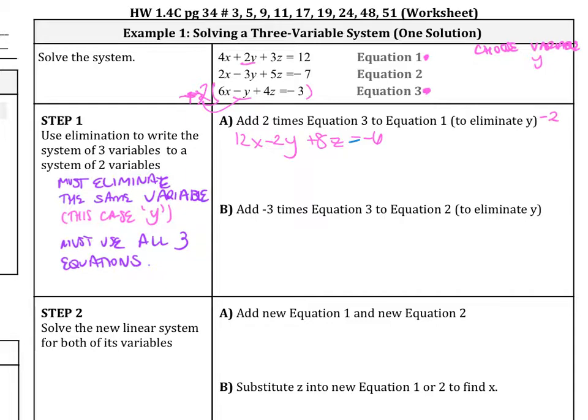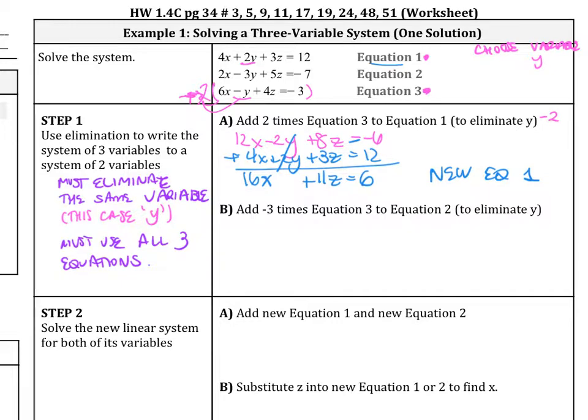Okay, so then I'm going to write my equation 1 below it, 4x plus 2y plus 3z equals 12. So I'm going to add them together. I get 16x plus 11z equals positive 6. So this is my new equation 1. So the next thing is I did use equation 1 and 3. So my next step after that is I have to use equation 2.